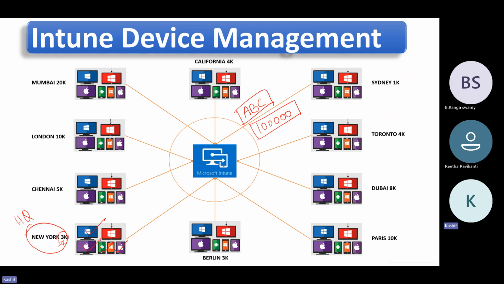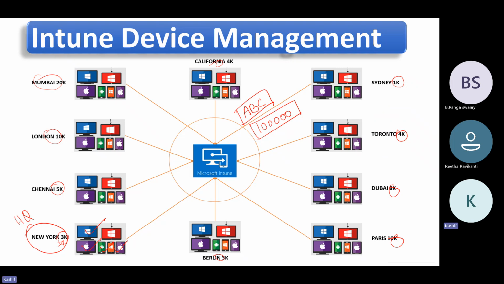Then we have branch offices like Mumbai, London, Chennai, Berlin, California, Sydney, Toronto, Dubai, Paris. So we have multiple branch offices with multiple devices. Every location has thousands and thousands of devices, and those devices are a combination of multiple operating systems.